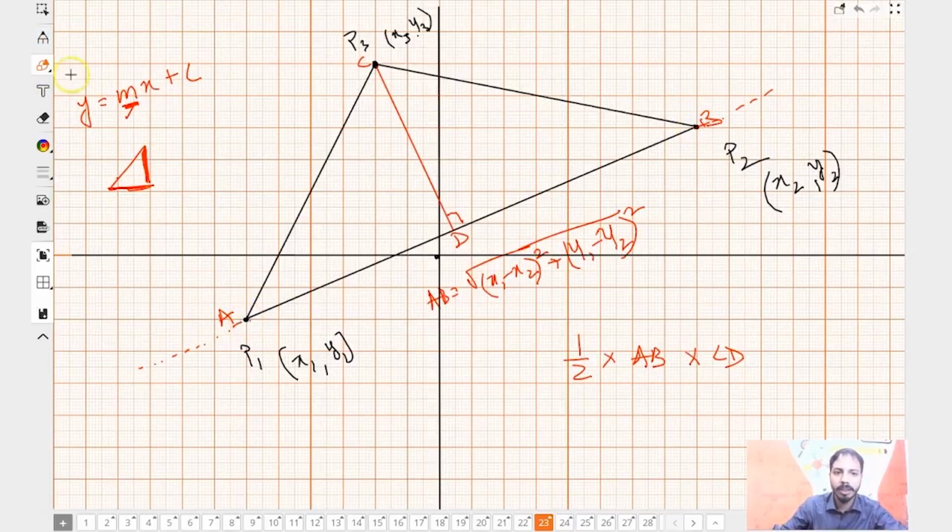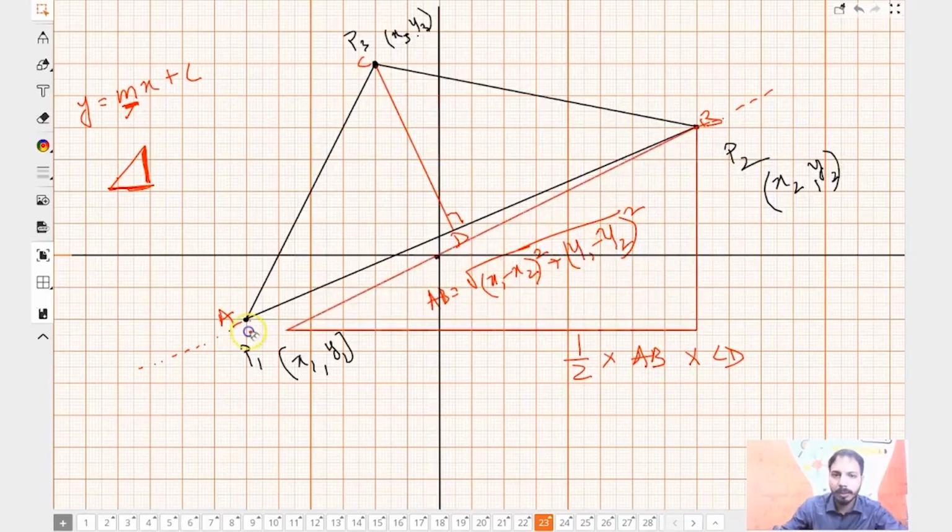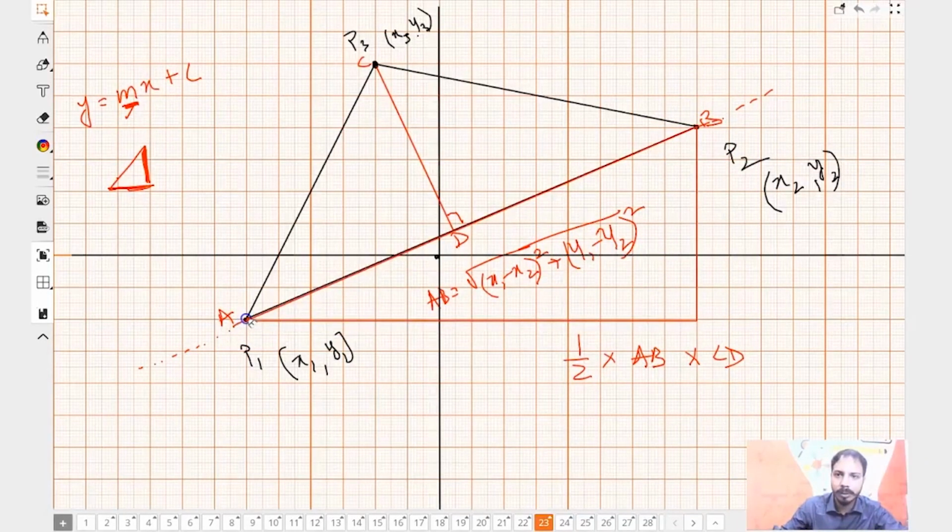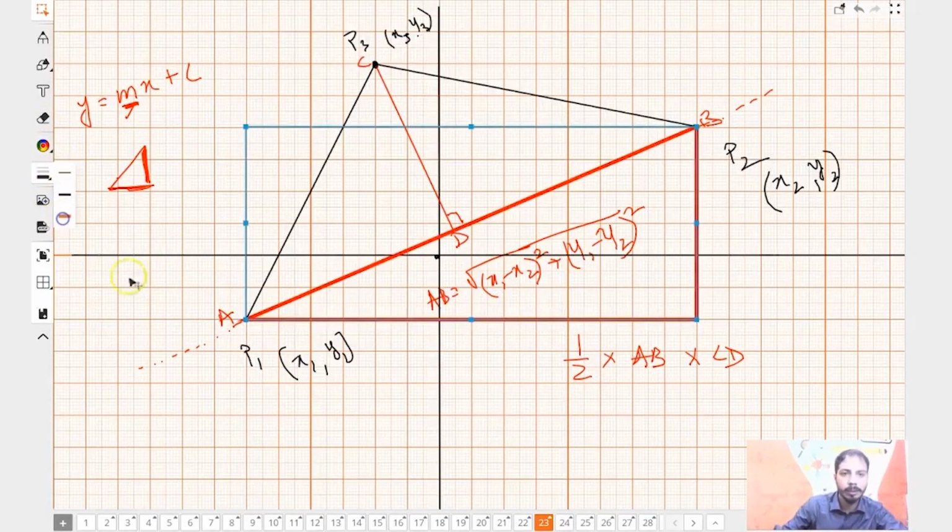Okay, let me draw a right angle triangle in such a way that this is the base and this is one more base. So I can draw a triangle in this way.